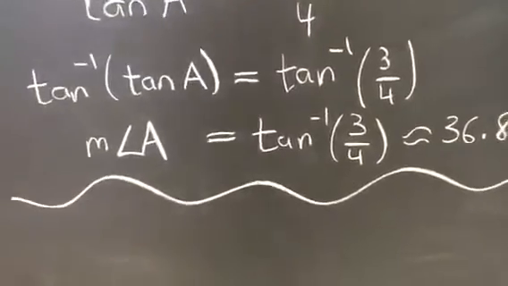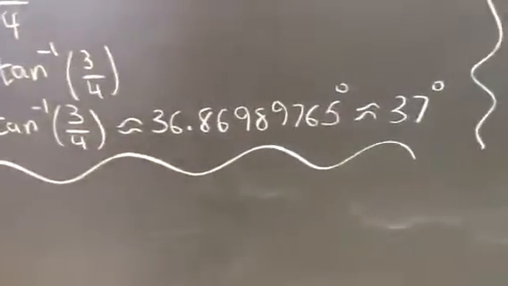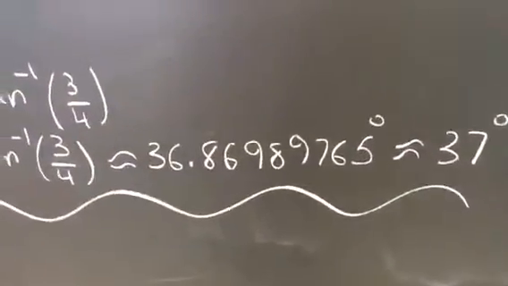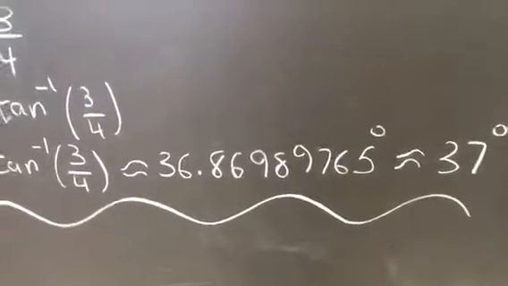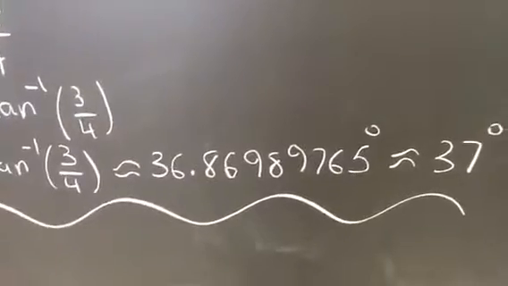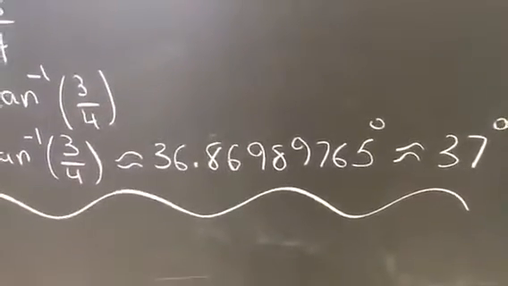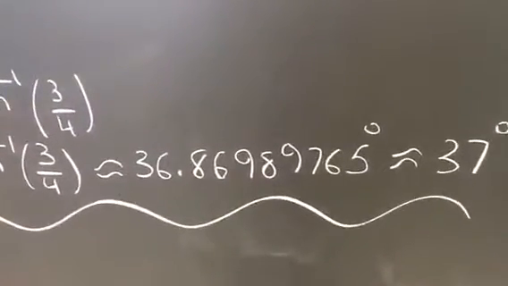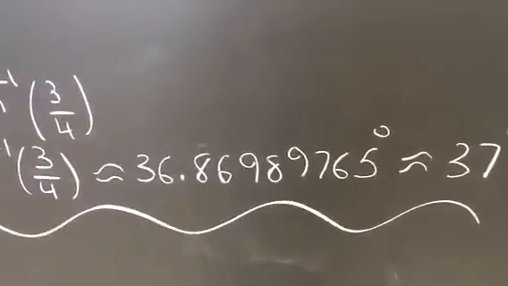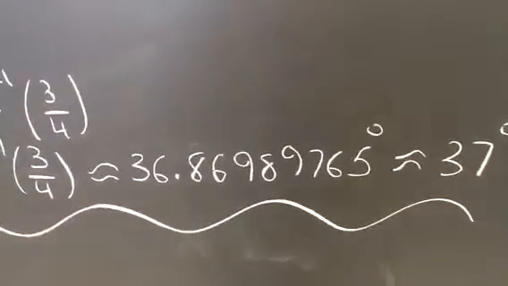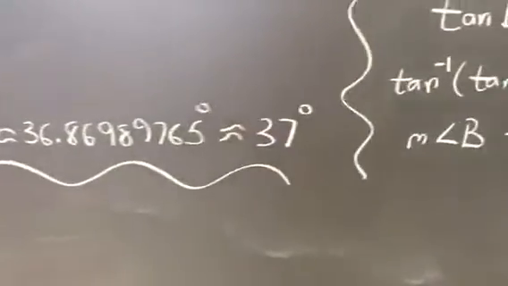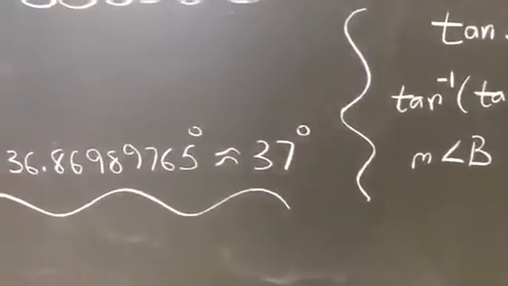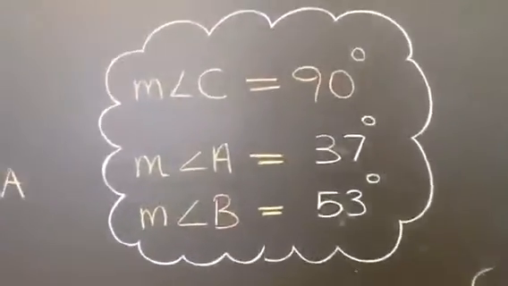If I type it out, then my calculator gives me this wacky decimal, 36.869896765 degrees, approximately. What we're going to do in this class is round to the whole degree. Because the 8 in the decimal is larger than a 5, I am justified in simply rounding this to a whole number, 37 degrees. And so this makes angle A 37 degrees.